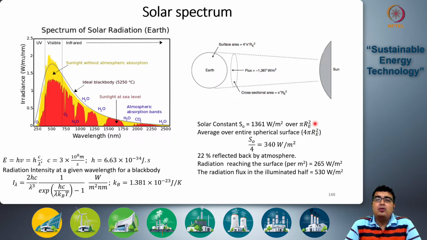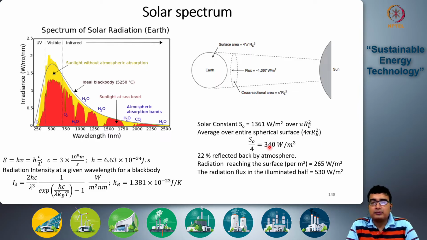Now of course this energy is being distributed over a hemispherical region, which is the day side of earth. This half hemispherical region has a surface area of 2 pi r square, but if you distribute the total energy over the entire surface area of spherical earth, then that spherical surface area of earth is 4 pi Re square.